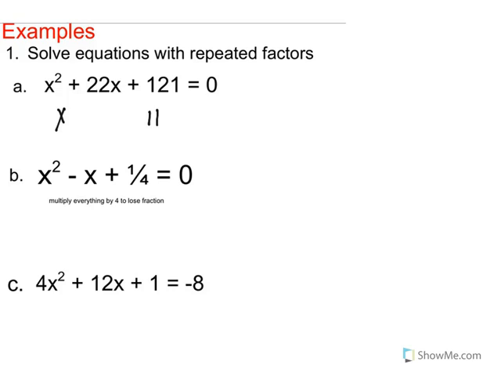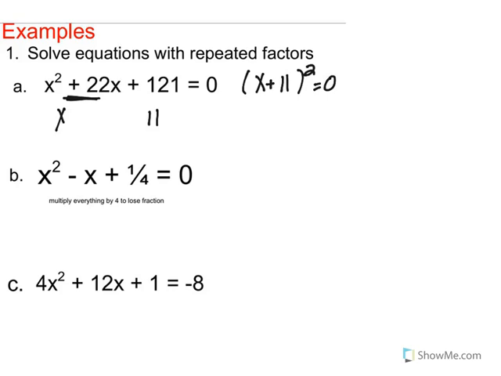So when we factor, remember it's going to be that repeated factor, so x and 11, and then to get the sign in the middle, we look at that middle term, so that'd be plus. So that's x plus 11 squared is equal to 0. That's what we get when we factor.